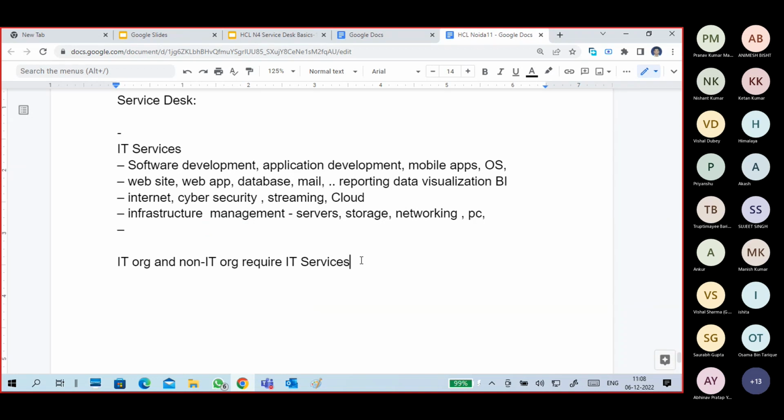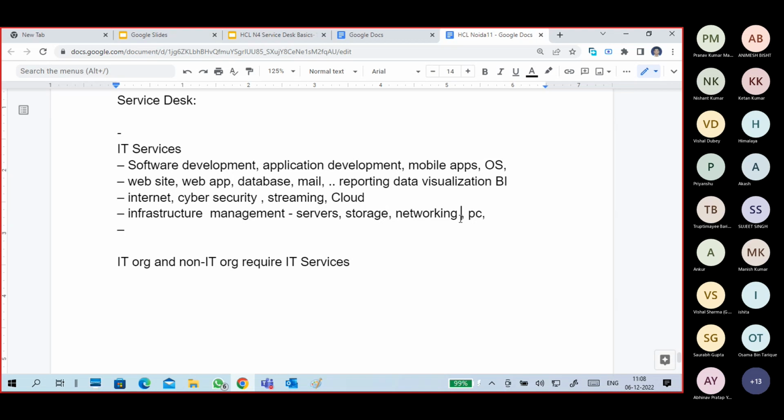So organizations require infrastructure, or maybe an organization utilizes its own infrastructure. Infrastructure means servers, storage devices, networking components. Okay, physical infrastructure, virtual infrastructure, so many things are there. Even regular computers, routers, switches, firewalls, networking components.